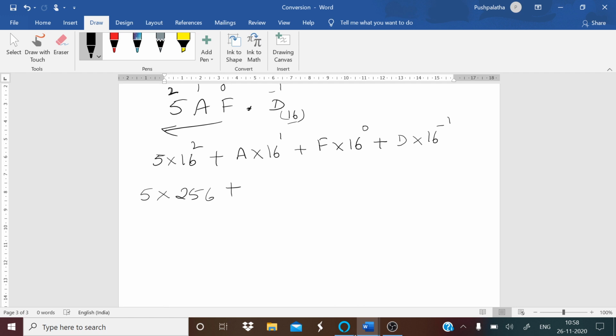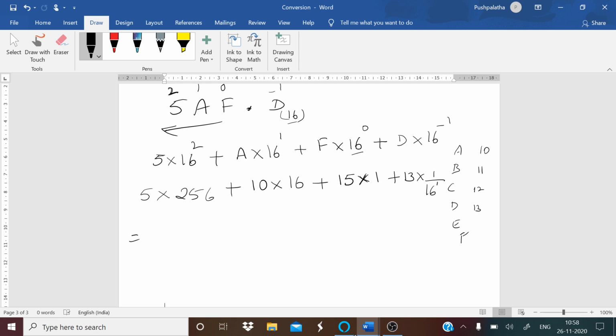A is represented as 10, so you take 10 into 16 to the power of 1, which is 16. F is represented by 15, into 16 to the power of 0, which is 1. Plus, what is your D? You have A, B, C, D, E and F. A is 10, B 11, C is 12, D is 13. So 13 into 1 by 16.